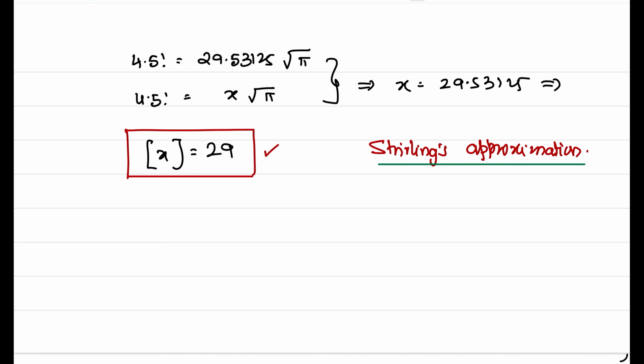This type of question does increase your awareness in the application of mathematical functions like gamma functions.